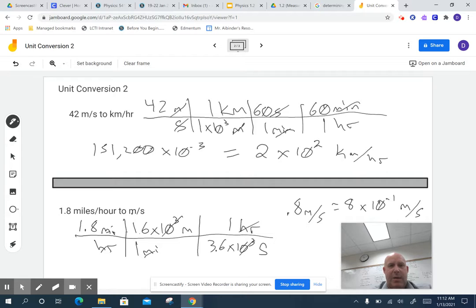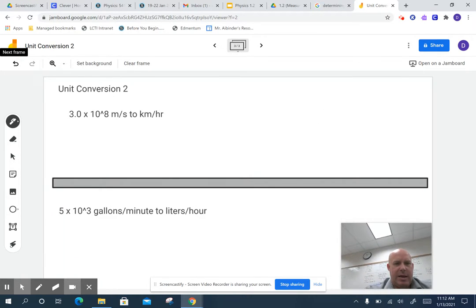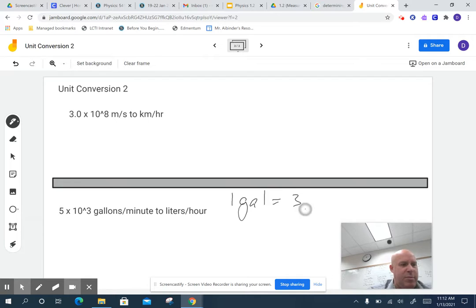All right, now last page. What I want you to do is try to do these two on your own. Now, gallons to liters, I will tell you real quick that 1 gallon is 3.79 liters, okay? 1 gallon is 3.79 liters.